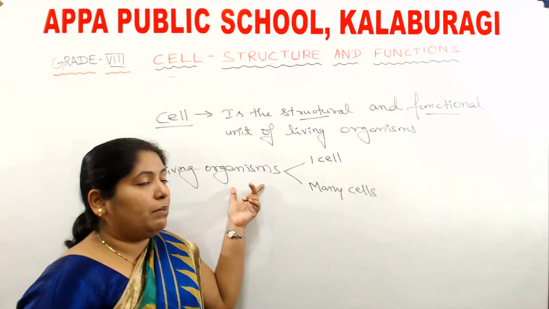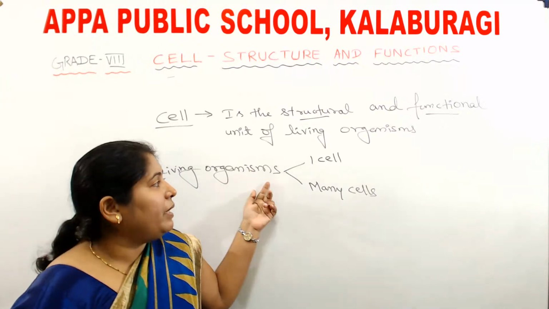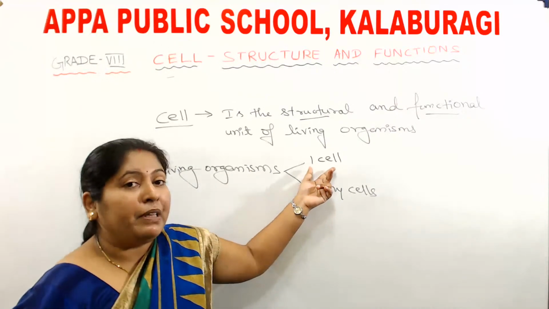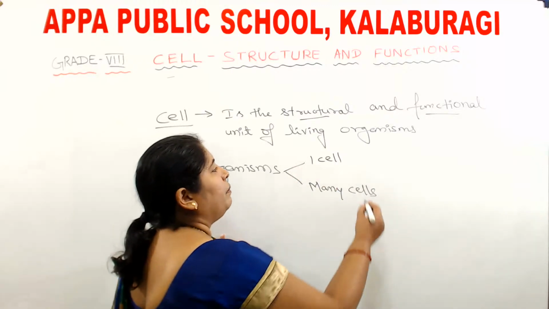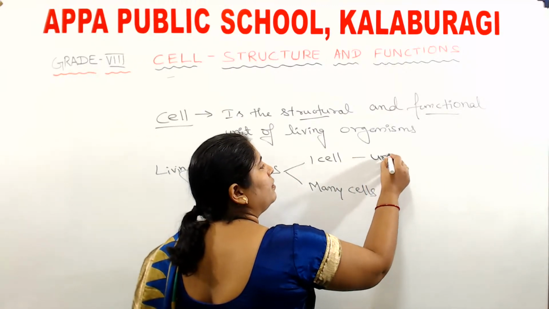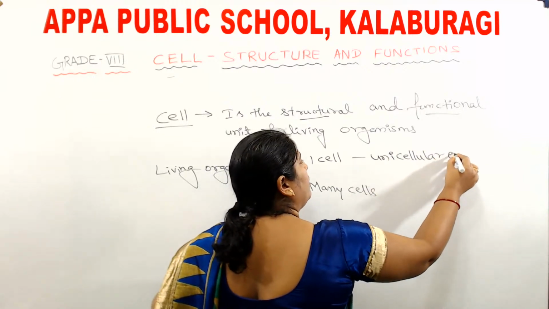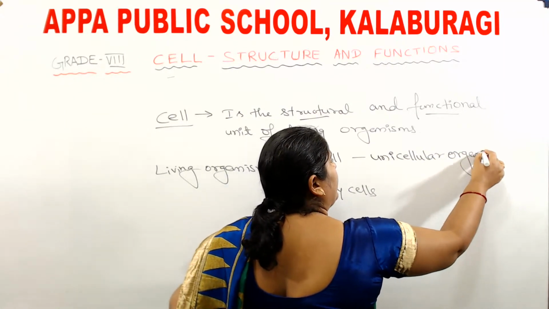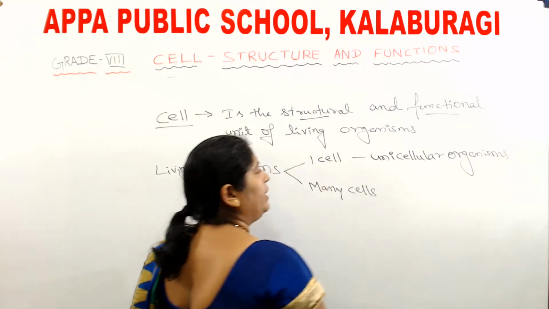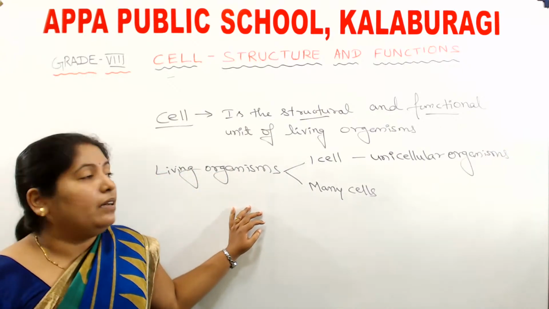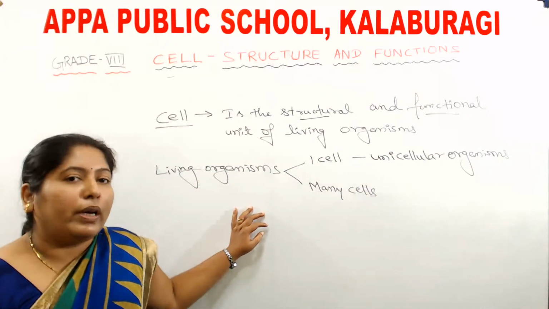If a living organism is made up of only one cell, we are calling them as unicellular organisms, right?